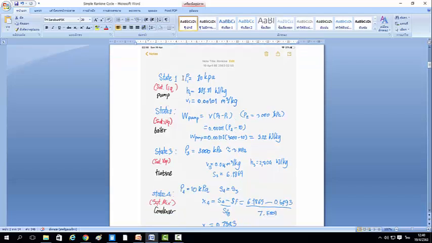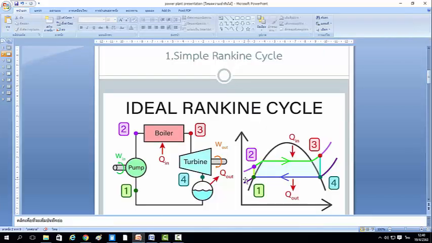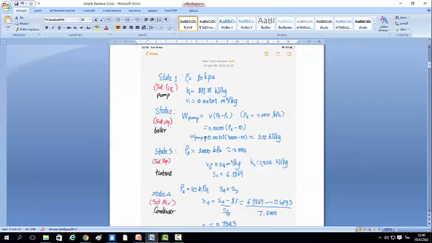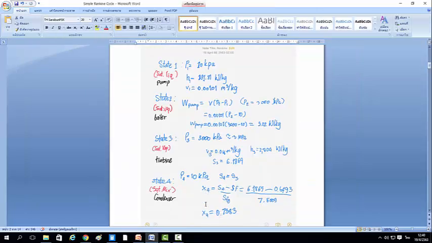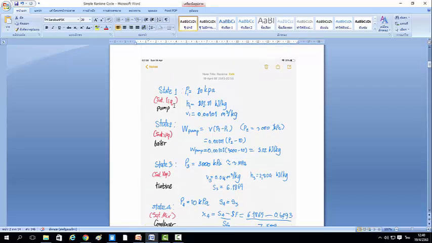So state 1 is P1 equal to 10 kilopascal. You will see that it's on the same line as point 4, so 1 and 4 use the same pressure, 10 kilopascal. But we focus on state 1.